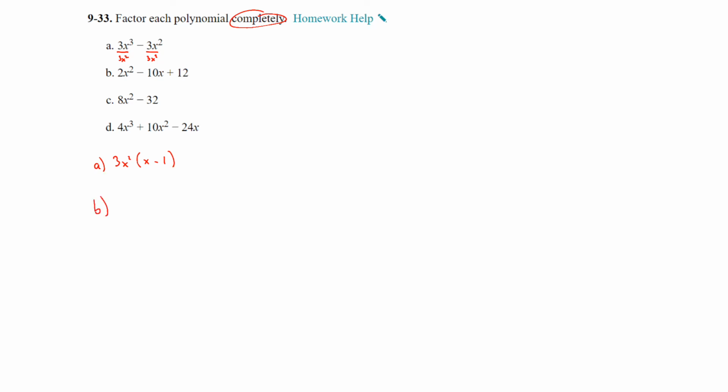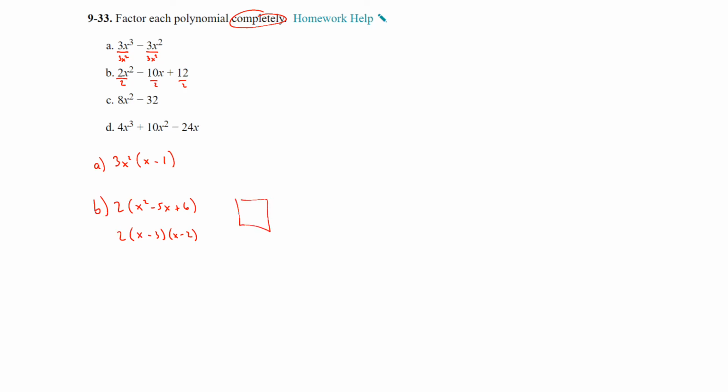On part B, it looks like there is a factor of 2 in common. So we'll do 2 times x squared minus 5x plus 6. And then we can factor the quadratic into x minus 3 and x minus 2.